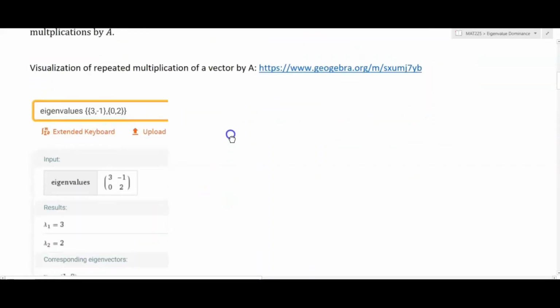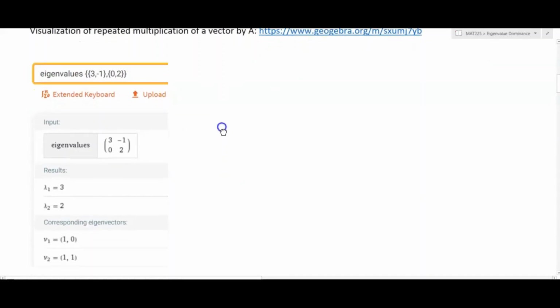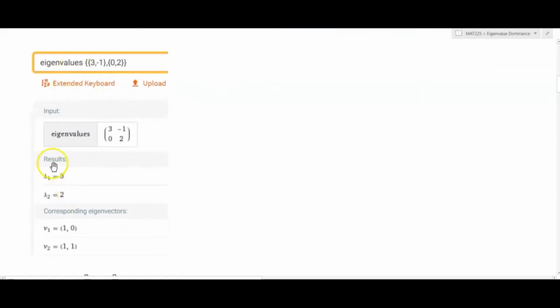So here are the outputs, and we're going to use our applet from our last lesson to show this. Lambda 1 equals 3 is the dominant eigenvalue, and so this one is dominant. And this means that eventually, once we multiply our initial vector by A enough times, that vector is going to rotate in the direction of (1, 0).